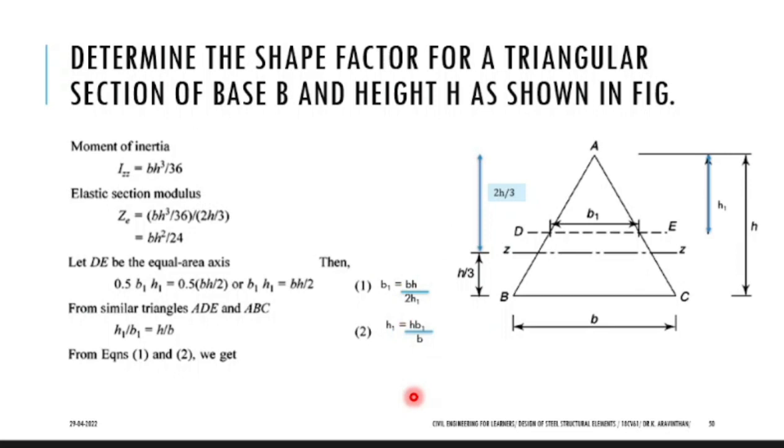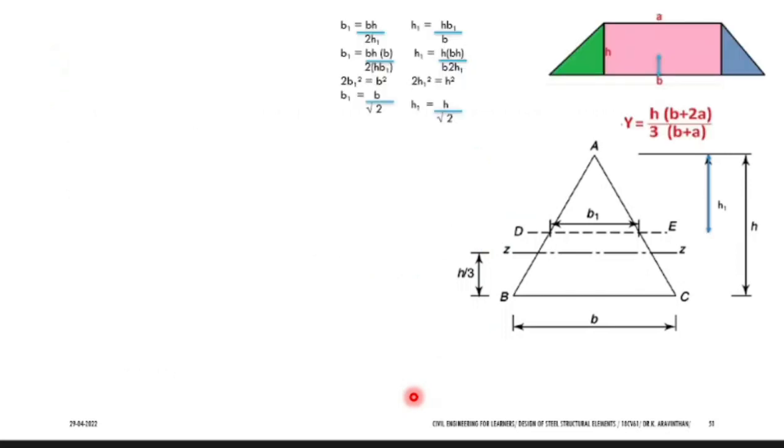From these two equations, you can find the next component. How to simplify further? Do you know H1? H1 is HB1 by B. If I substitute for B1, BH by 2H1, and simplify this, what are the common factors?